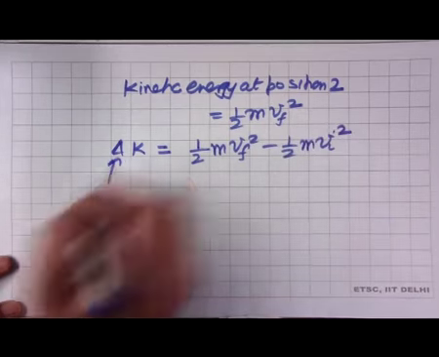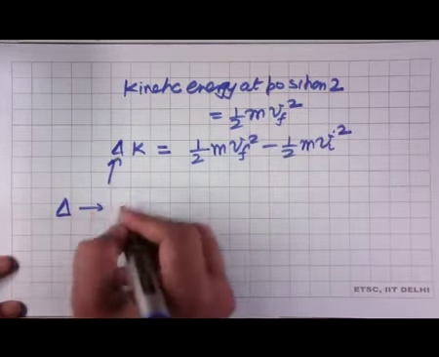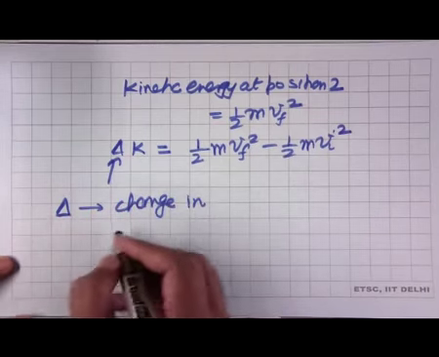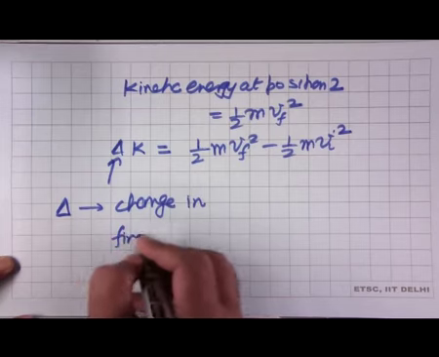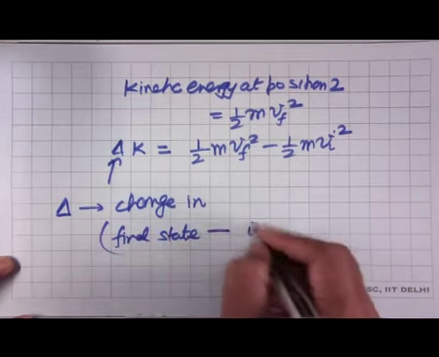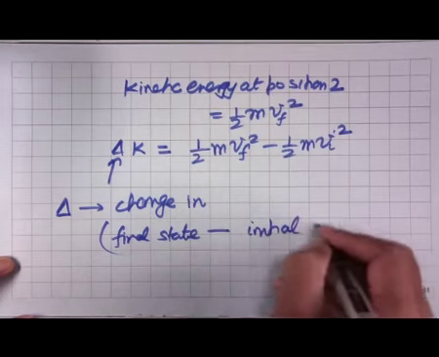This symbol delta which we use means change in, and this is always the final state quantity minus the initial state.